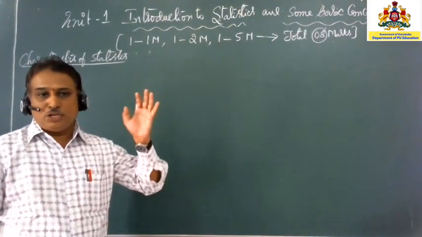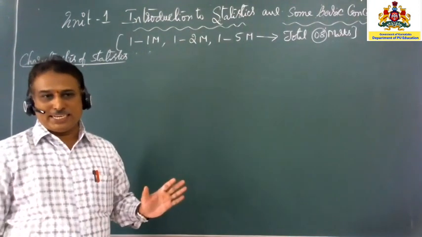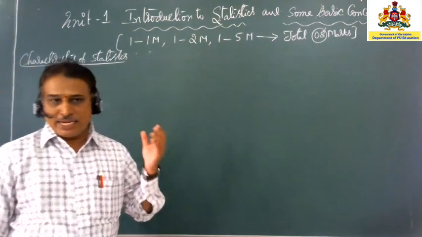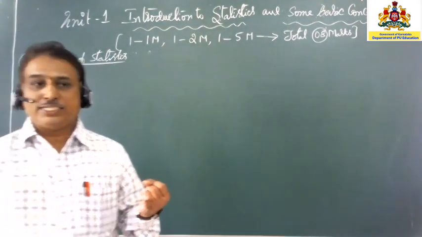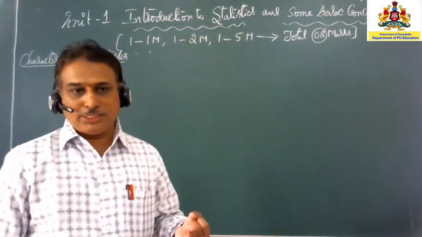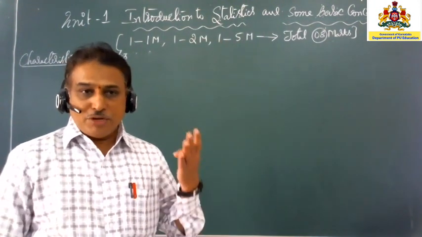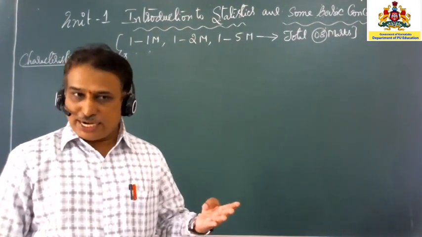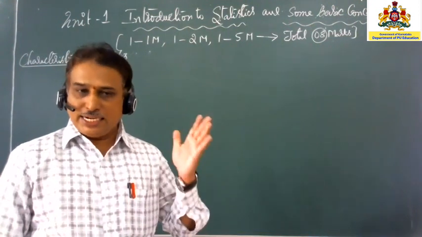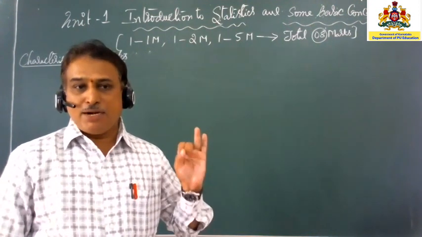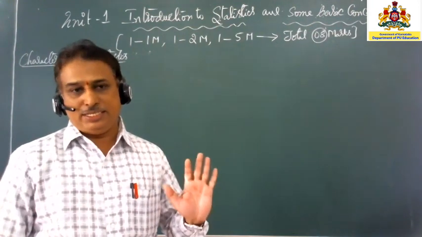Now, you have written the definition of Horak-Secrist. I will recall the definition. Statistics means aggregate of facts, affected to a marked extent by a multiplicity of causes, numerically expressed, enumerated or estimated according to reasonable standards of accuracy, collected in a systematic manner for a predetermined purpose and placed in relation to each other.